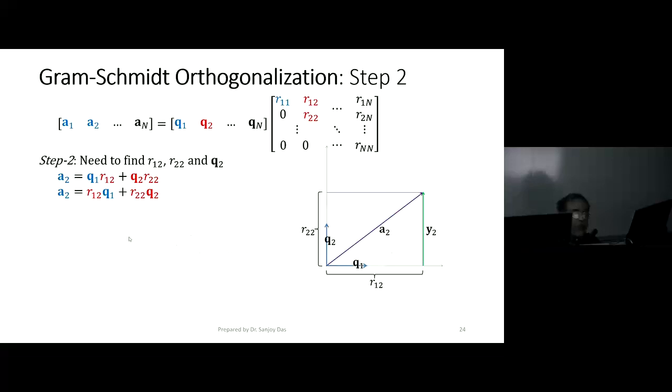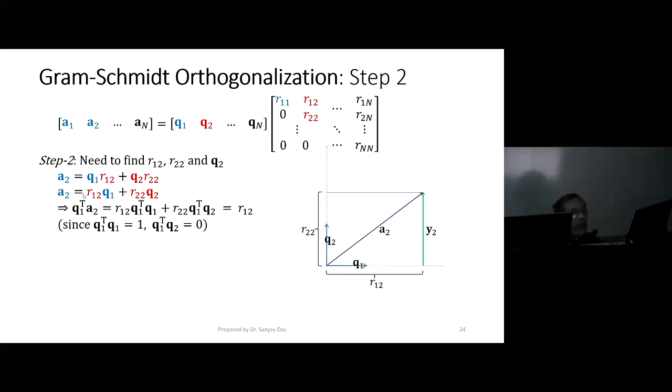Noting that Q1 is a unit vector, it's cosine theta times the length of A2, where this is the angle theta. So this will be A2 and Q1, their inner product. That will be R12.